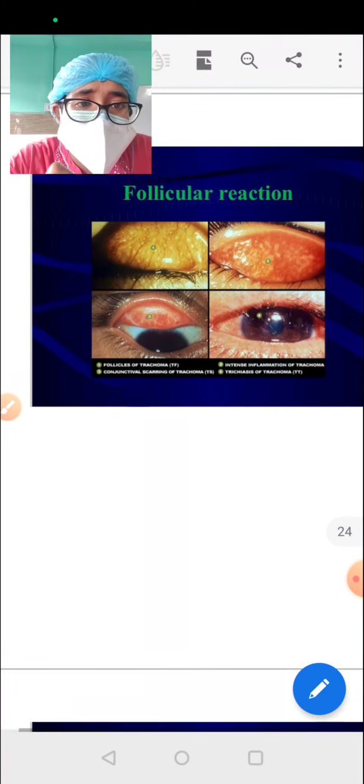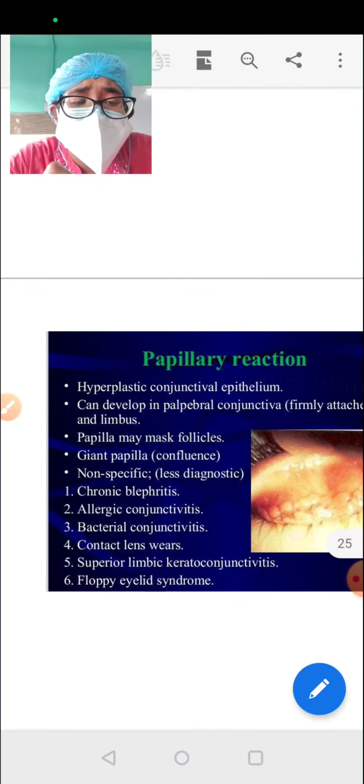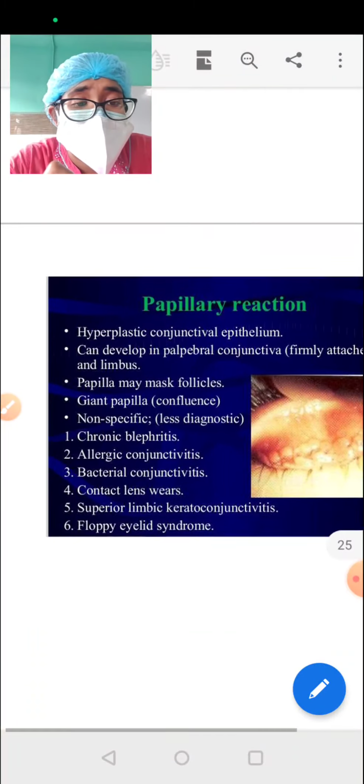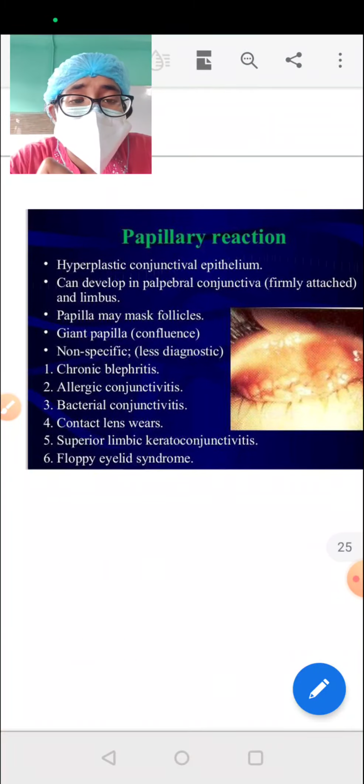See the small whitish dots. And what is the papillary reaction? It is nothing but hyperplastic conjunctiva. Hyperplasia of the conjunctival epithelium is the papilla. It looks almost like a cobblestone appearance, a velvety appearance.